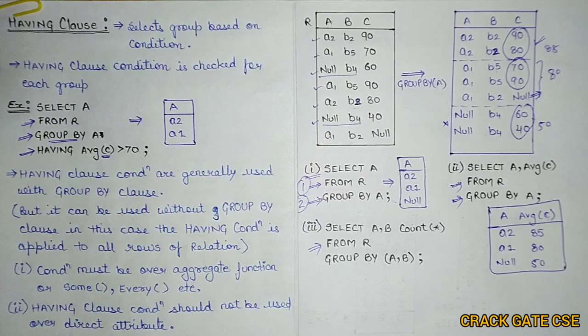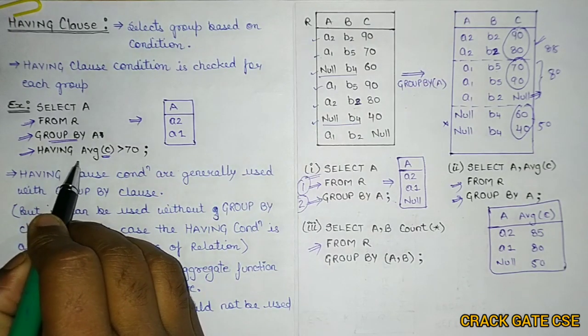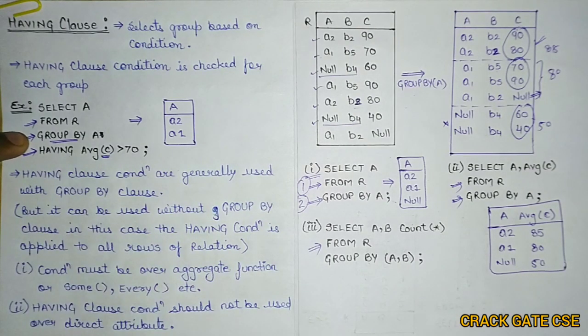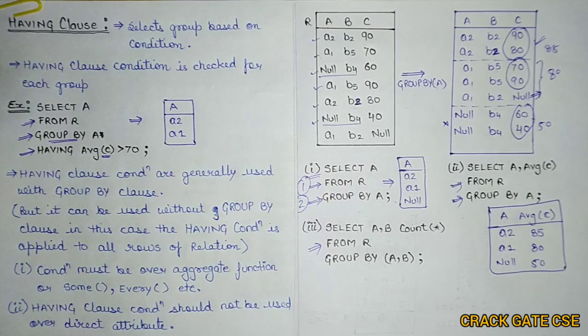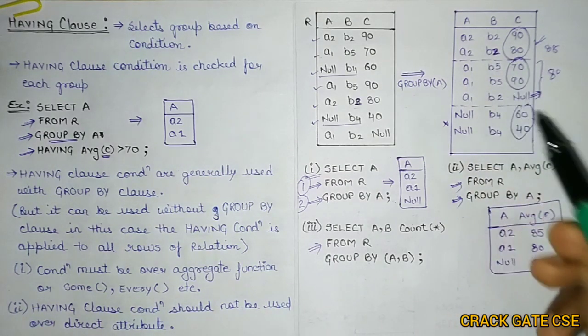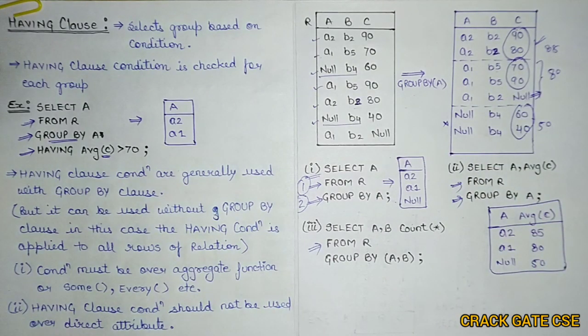But if you talk about the implementation of database, there are many databases like MySQL, Oracle, in which you can use this having clause without the group by clause. In that case, if the group by clause is not in the implementation, then the having condition will be checked for each particular row and it will give you the output according to that.